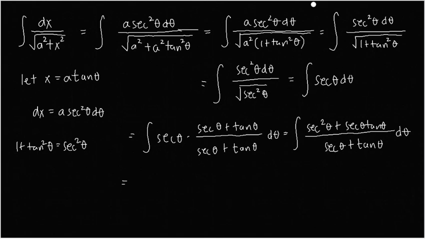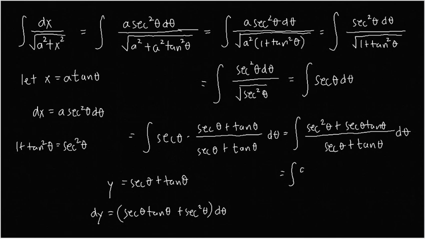So obviously, if we let y equal to secant of theta plus tangent of theta, then dy is equal to what? Secant theta tangent theta, that is the derivative of secant of theta, plus secant squared of theta, then don't forget the differential of theta. So that is d theta, which is exactly yung nasa taas ng ating integral.